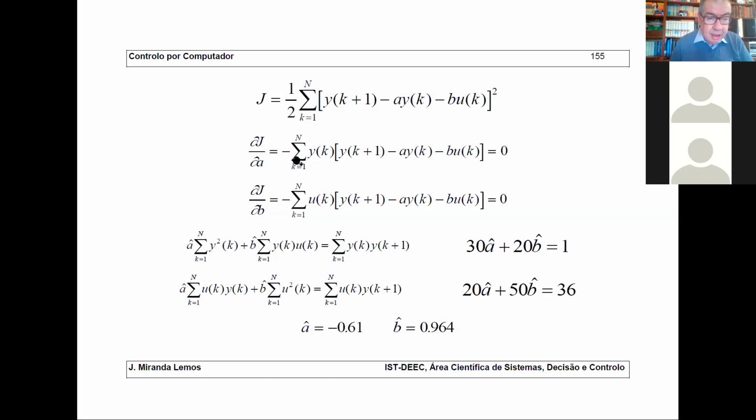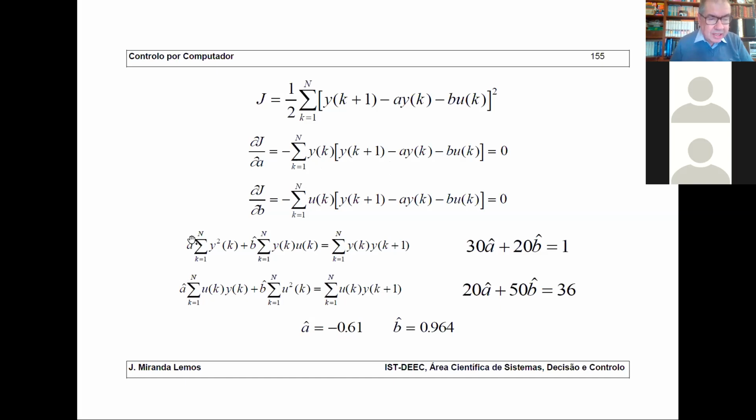So the sum of this term is the sum of yk plus 1 plus the sum of yk squared, and a is a constant, so you can take it out. It's common to all the terms. You can take it out of the summation and so on. Okay, so I end up with this system of equations here.